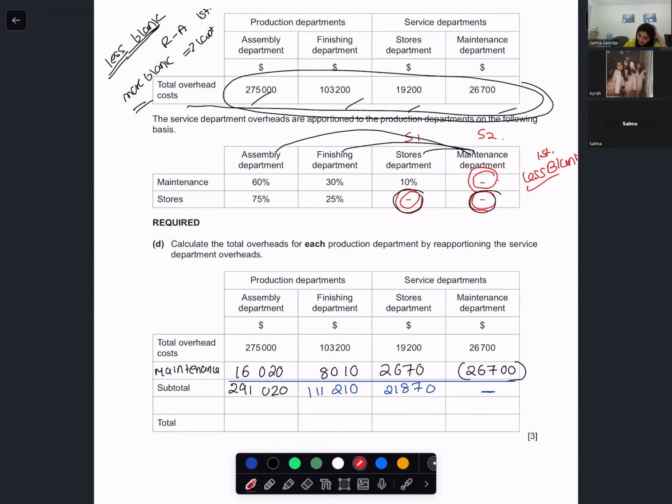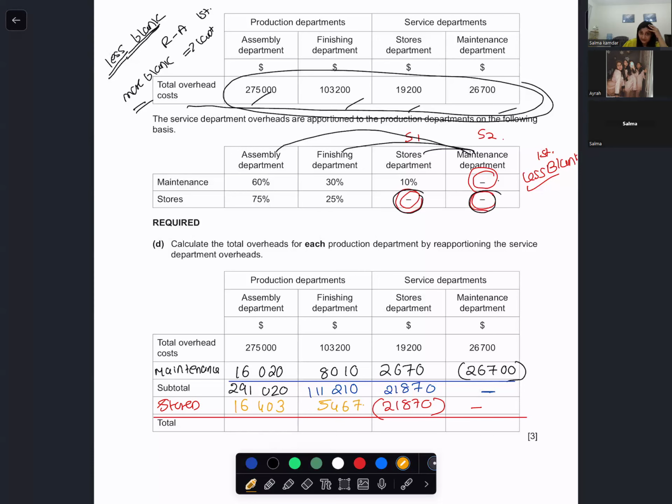Now I will reapportion the stores amongst assembly and finishing. What percentage will I take? 75% and 25%. So 75% of 21,870 is 16,403, and 5,467.